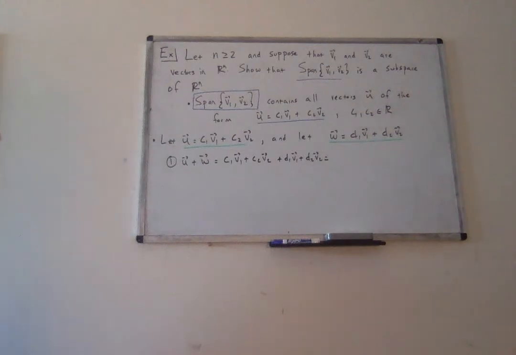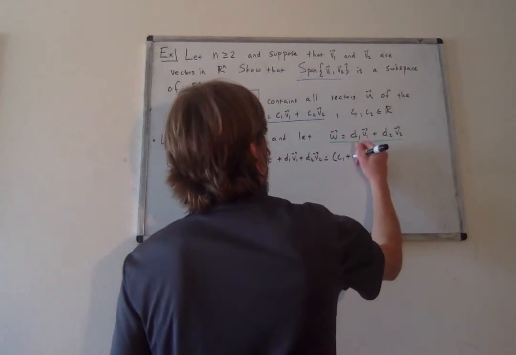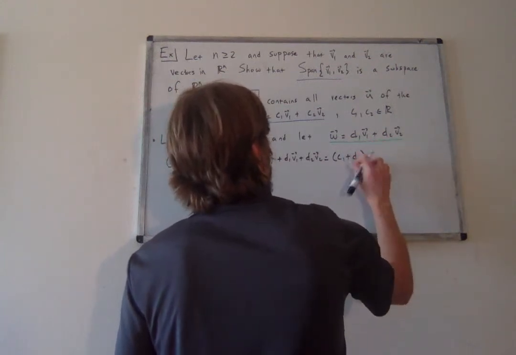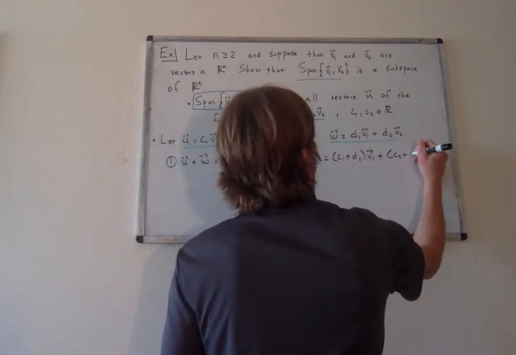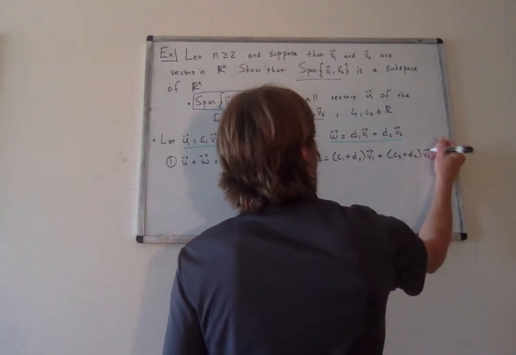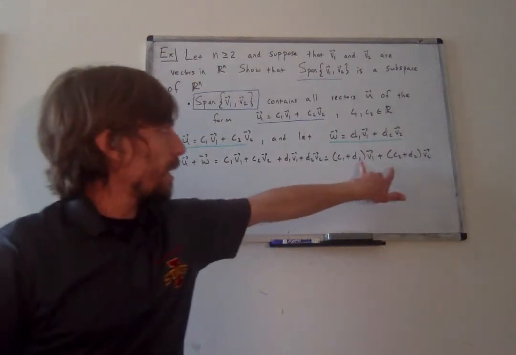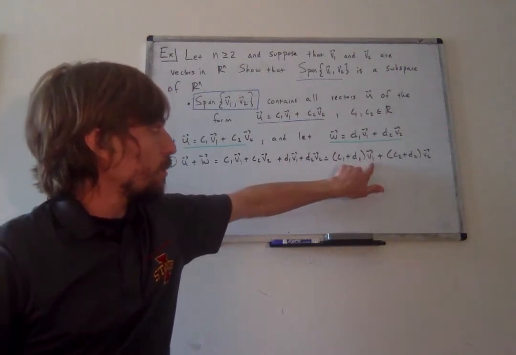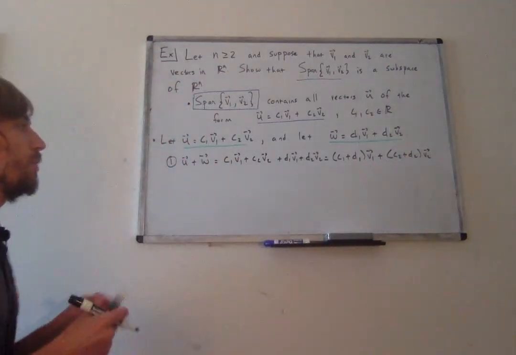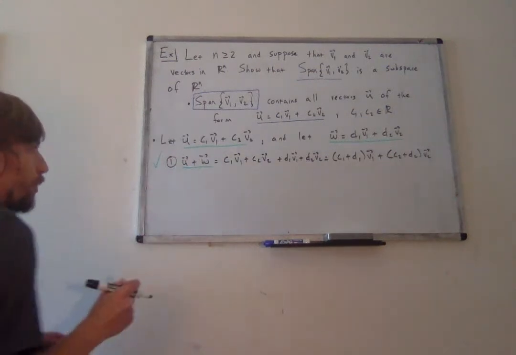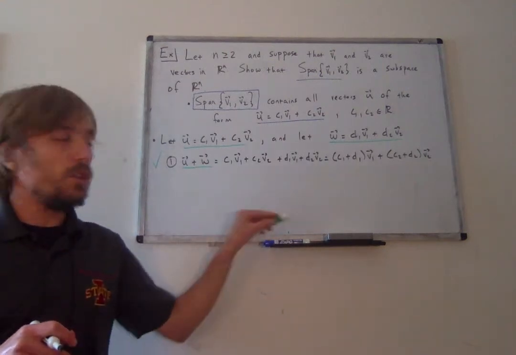And this might look like a long jumbled mess of a sum, but rearranging everything around, we can rewrite this like so. So what does this do? Well, notice that we've now written u plus w as the sum of a scalar times v1 plus a scalar times v2. And so this means that the vector u plus w is also in the span of v1, v2. And so this is closed under addition.